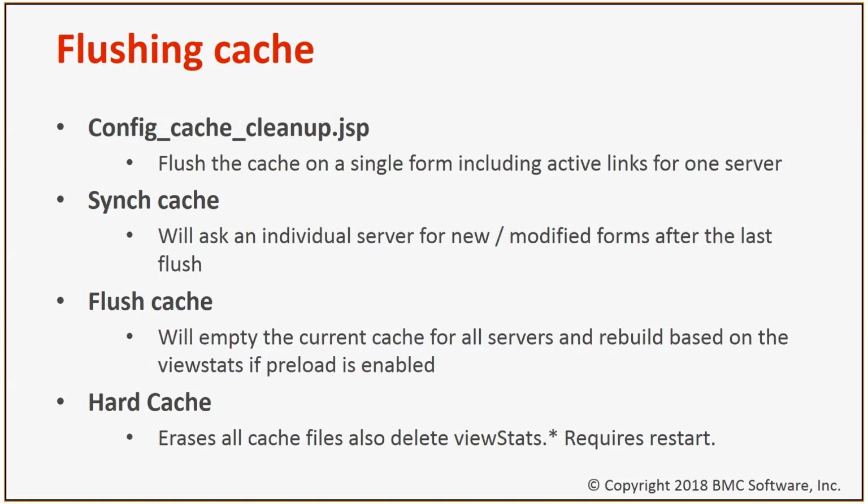And this is very helpful if, let's say, you're developing a form and you have made changes to that single form. Instead of flushing the whole cache, you just flush that individual form cache, and you will see the changes the next time you access that form.